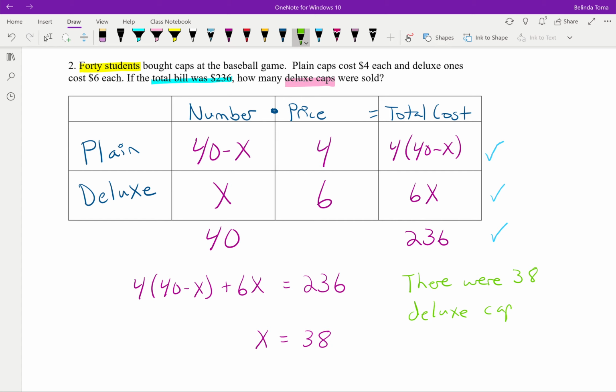Now, would it be wrong to put the x as the plain caps? No, then you would have gotten a different number. You would have gotten 2 for your x, and then you would have to go back and plug that in to get the 38. All right, so let's move ahead to number 3.